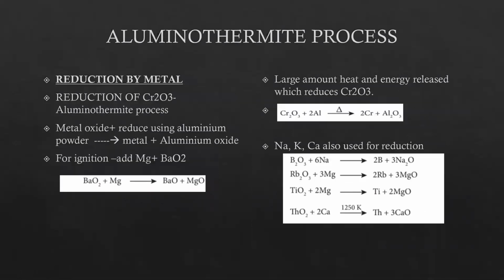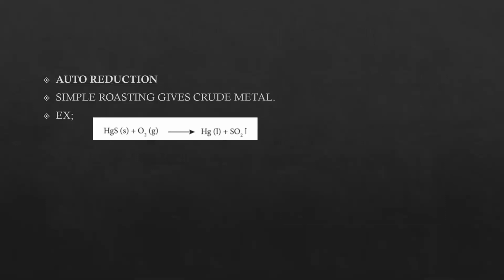The next one is reduction by metal. We use some metals to reduce the metal oxide. Here we use aluminum powder as the reducing agent. For this method, we need excess heat to start.